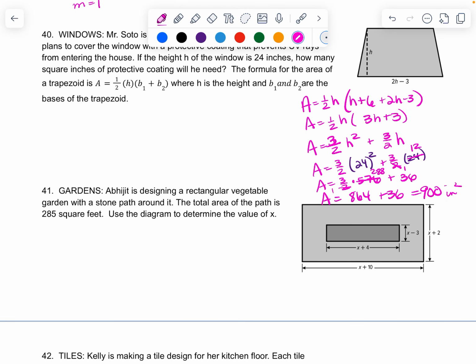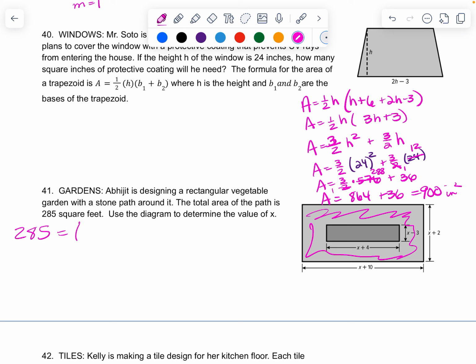Okay, so the next one says, I don't know how to pronounce that, is designing a rectangular vegetable garden with a stone path around it. The total area is 285. Okay. It wants to know this area. Well, we have to take the big area and subtract out the middle area.